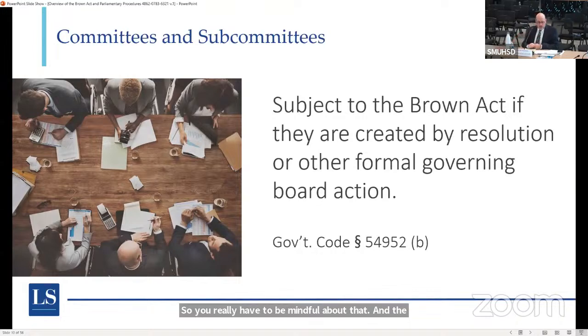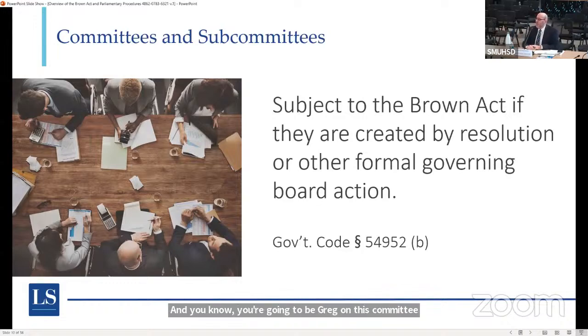And the other thing you have to be mindful about is what a lot of districts do as a practice is they'll say, okay, we have a committee, a wellness committee. We have this committee, we have that committee. Terry, you're going to be on the wellness committee, and you're going to be, Greg, on this committee. And you lay out all of these different people on the committees.